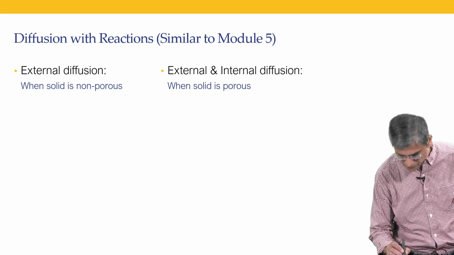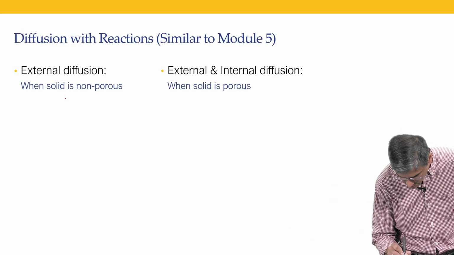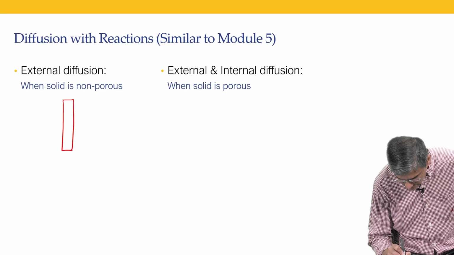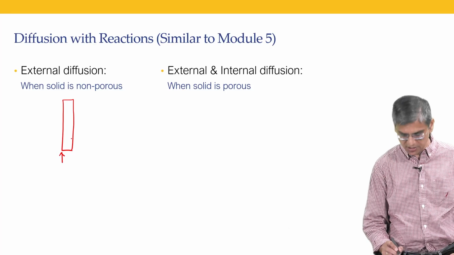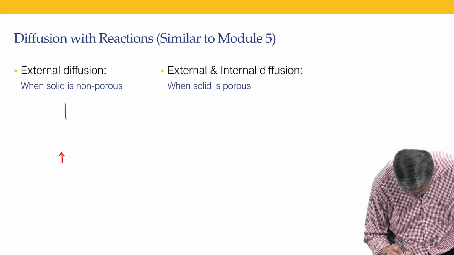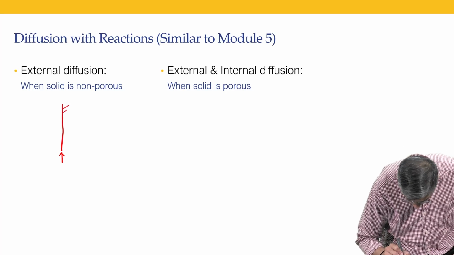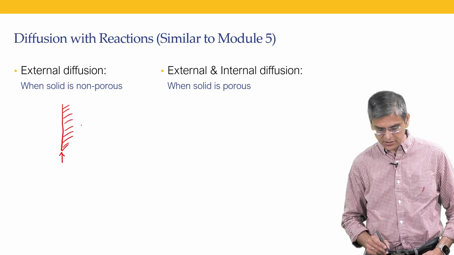What did we do when there was only external diffusion? Okay, so that means that the reaction is taking place at this interface. Let's say the reaction is taking place over here.